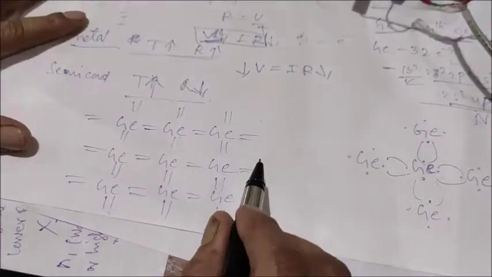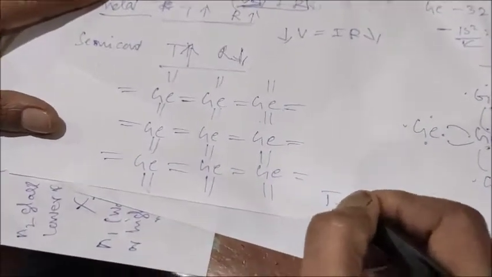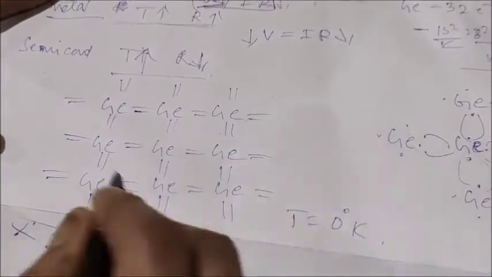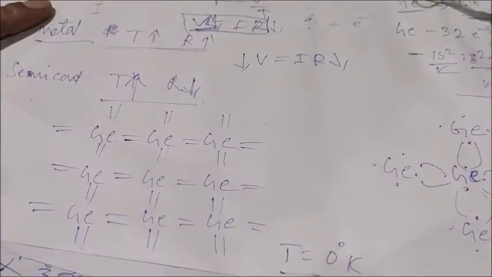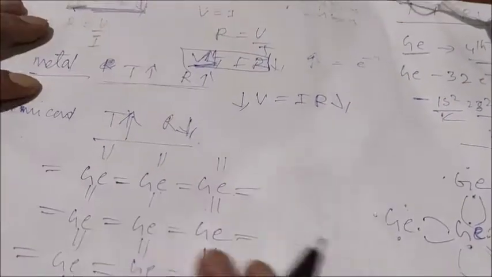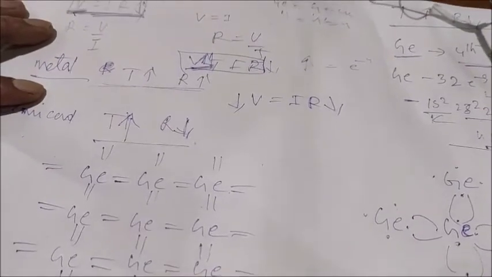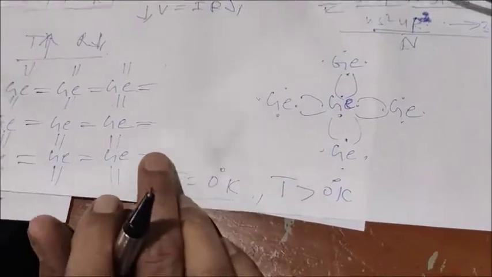All the electrons are engaged in covalent bonds. No free electron is available at T = 0 Kelvin. That is why germanium at this temperature behaves as an insulating material. But when temperature T is greater than 0 Kelvin, some of the covalent bonds are broken, so it releases free electron-hole pairs.